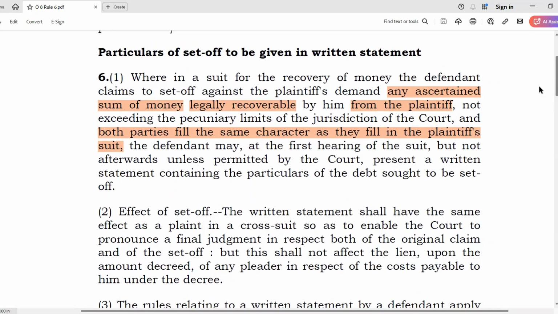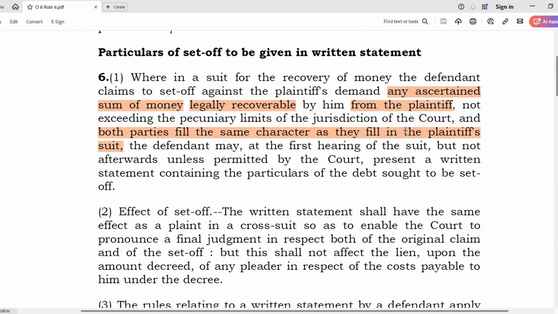First, let's see Rule 6, Order 8 of the CPC. It says, where in a suit for recovery of money, the defendant claims to set off against the plaintiff's demand any ascertained sum of money. We need to pause here. Ascertained in the sense it should be a known amount.